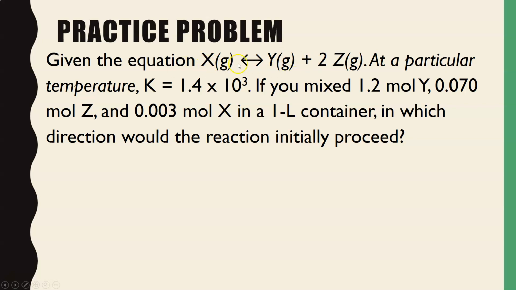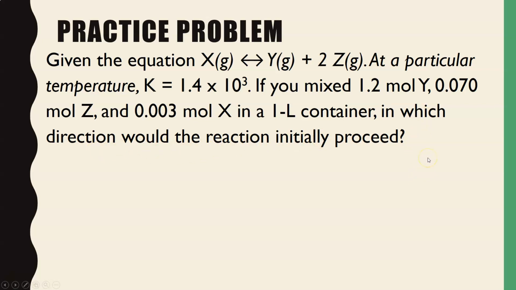Given this generic equation, at a particular temperature, your K value is 1.4 times 10 to the 3. If you mixed 1.2 moles of Y, 0.07 moles of Z, and 0.003 moles of X in a 1 liter container, in which direction would the reaction initially proceed?